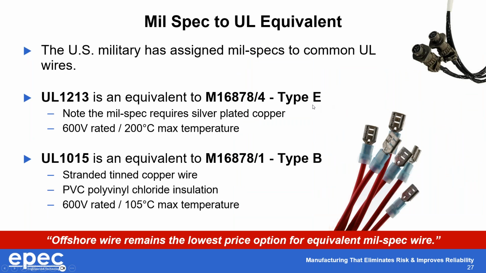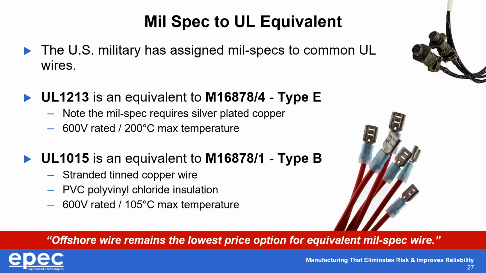Another interesting thing is the fact that the US government has assigned mil-specs to ordinary UL wires or to wires that approach the requirements of ordinary UL wires. So two specific examples are UL 1213, which is a Teflon wire, is actually equivalent to a mil-spec that also is rated for 600 volts and 200 degrees C. The biggest difference is the mil-spec requires silver-plated copper conductors, where the UL spec does not specify that.